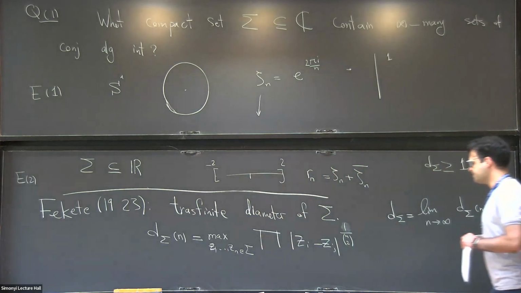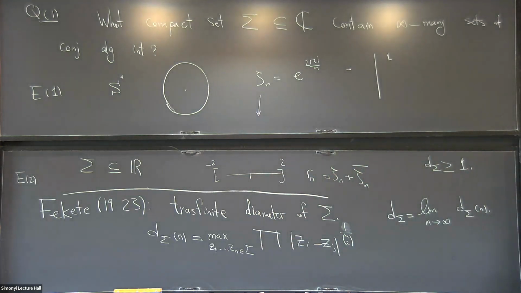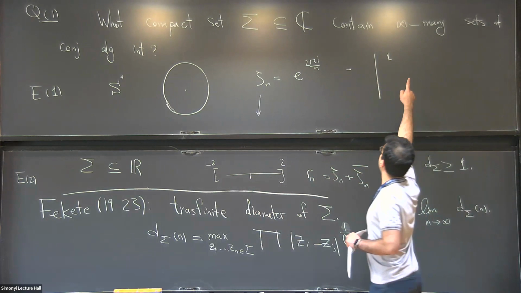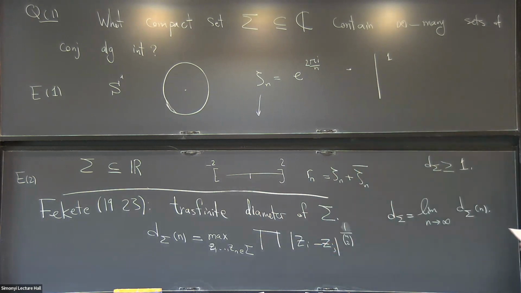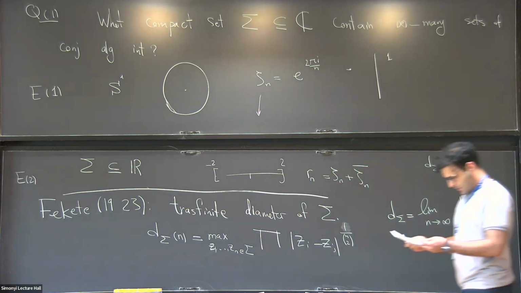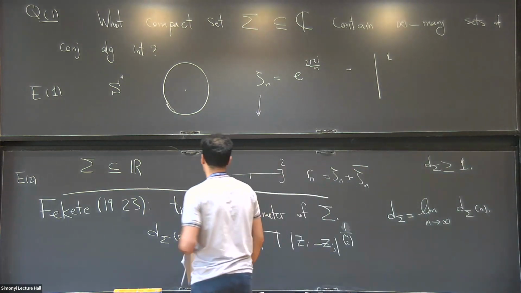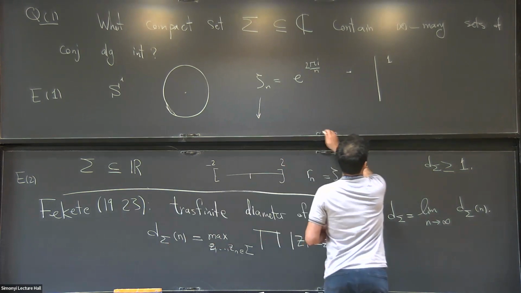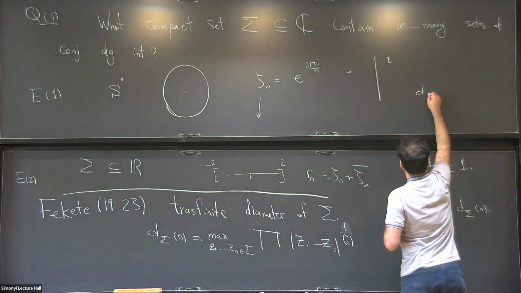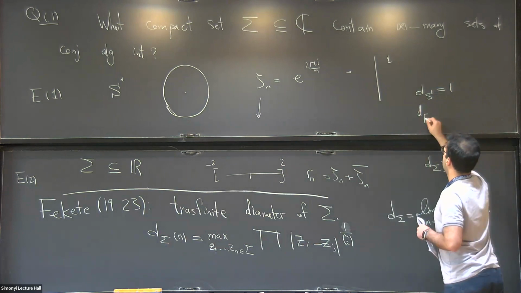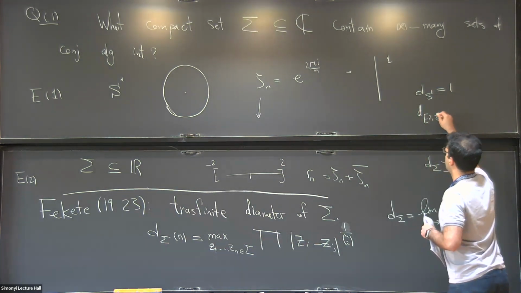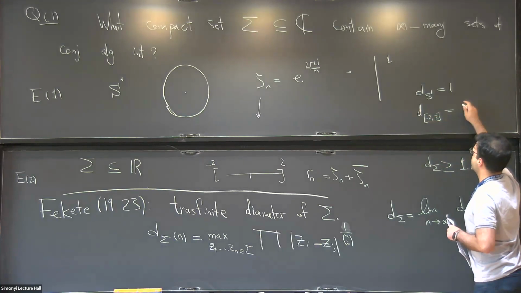That's a necessary condition for a set to contain infinitely many sets of conjugate algebraic integers. Let me write down both: d of S1 is 1, and d of the interval from -2 to 2 is 1.